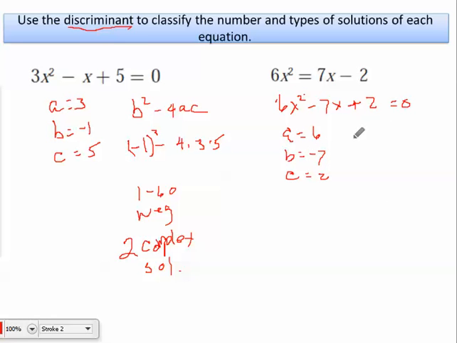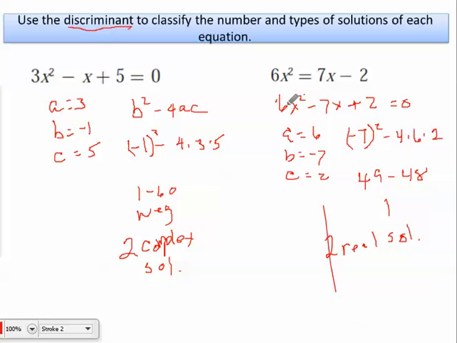Discriminant, B squared: -7 squared minus 4 times 6 times 2. 12 times 2 is 48, so I'm going to get a 49 minus 48. I get a 1. Guess what? There are 2 real solutions. That's all you have to do to find these with the discriminant. Okay?